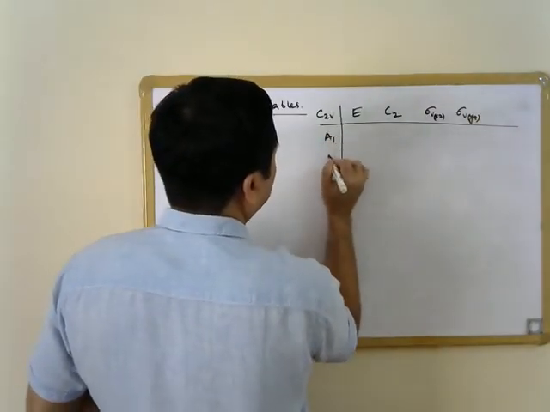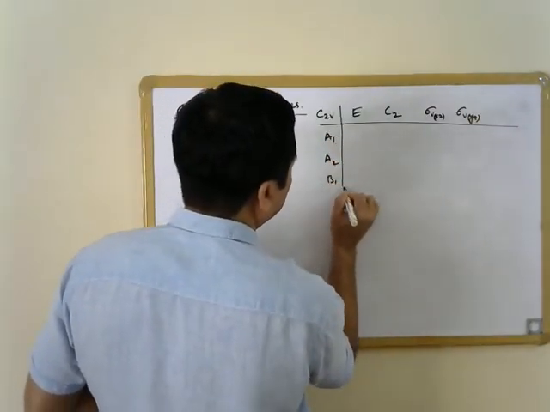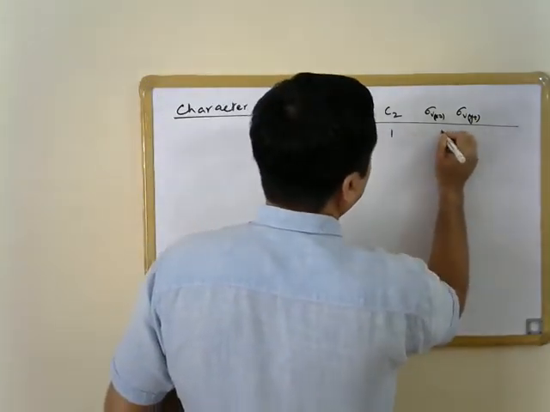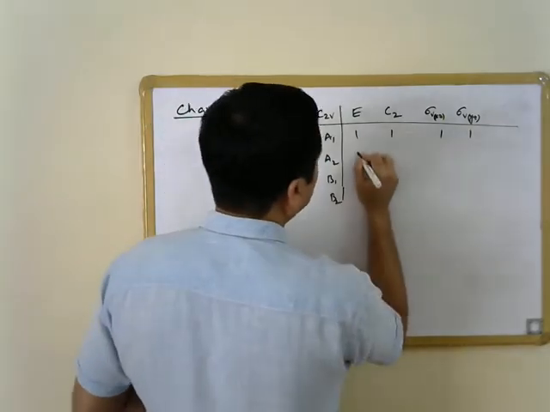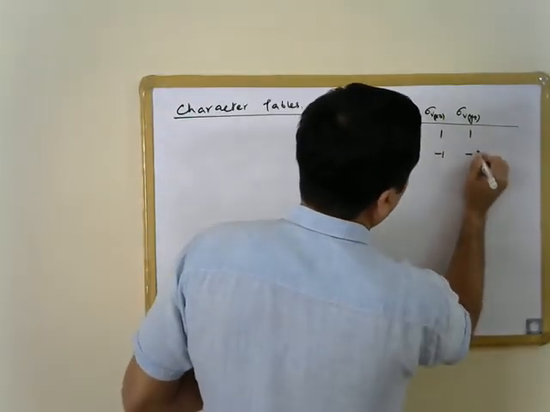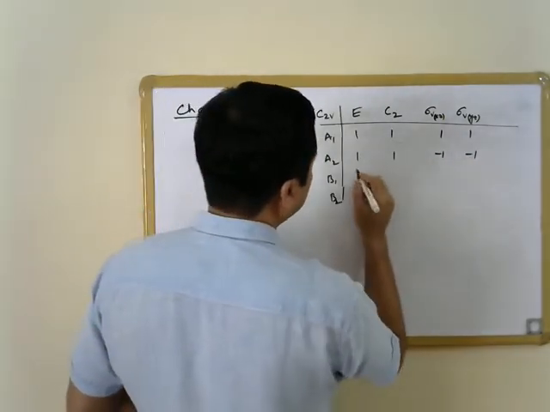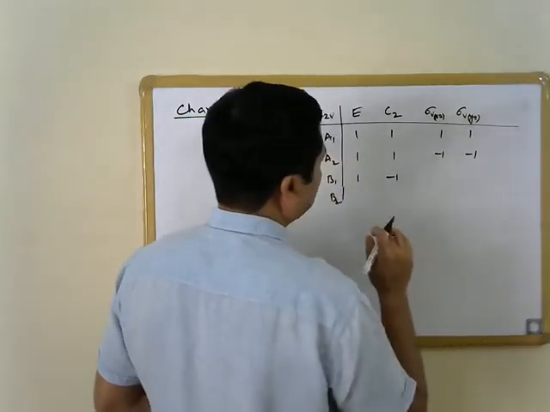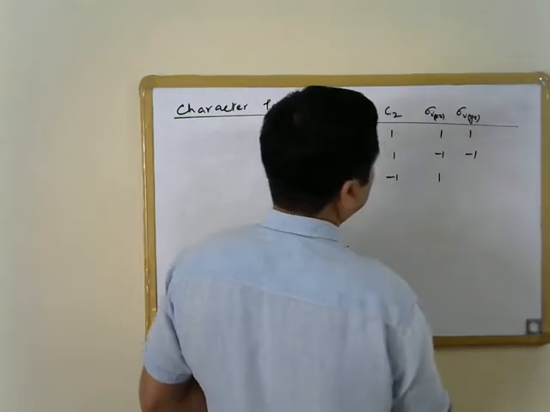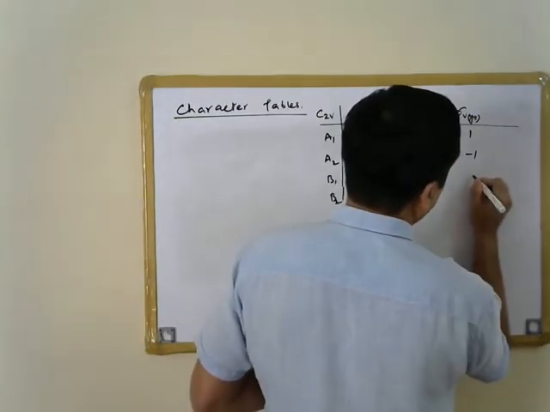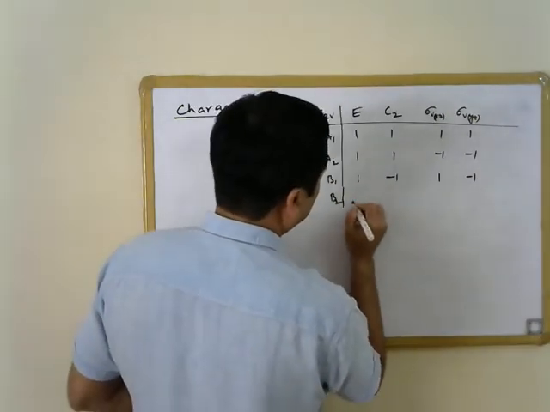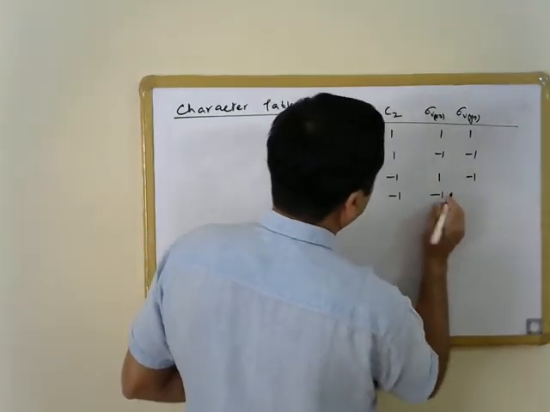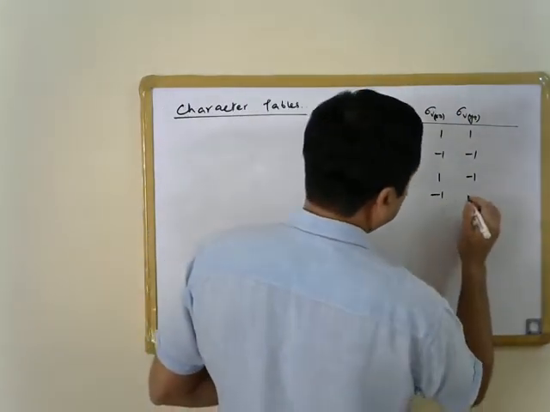So we have A1, A2, B1, B2 representations in the C2v point group. A1 is totally symmetric, A2 is anti-symmetric with respect to the sigma v(xz), B1 is symmetric with respect to the sigma v(xz) but anti-symmetric with respect to the principal axis, and B2 is anti-symmetric with respect to C2 as well as sigma v(xz).